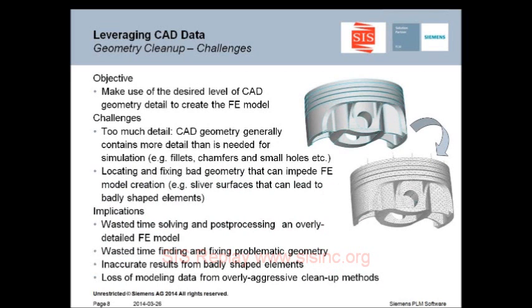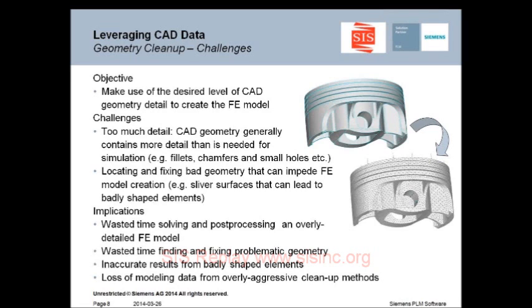Okay, so once we've got the CAD data in, the next set of challenges come through our desire to build a finite element model using the CAD data. So typically challenges may be that the CAD data has too much detail. There may be some fillets and what have you, some detailed modeling information that we just don't need from a CAE point of view.